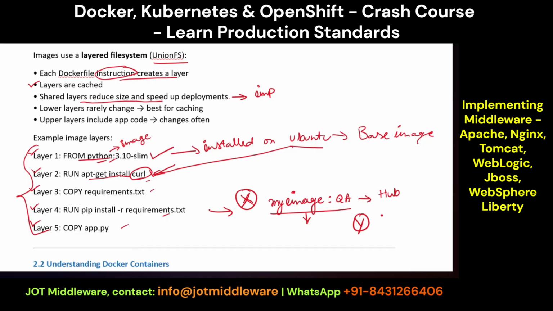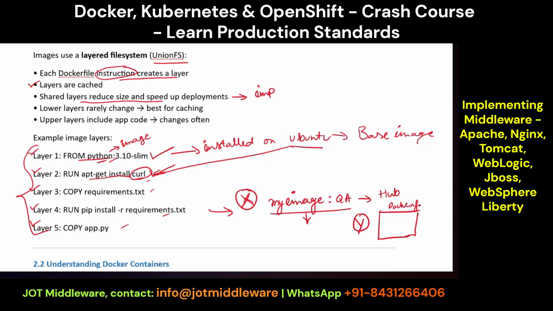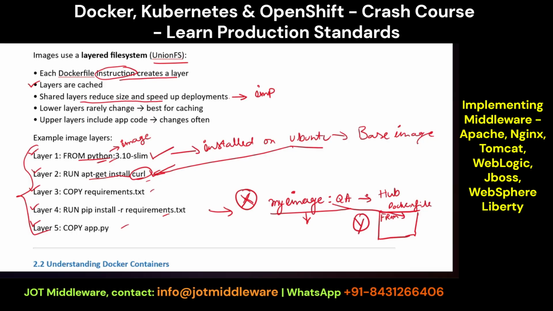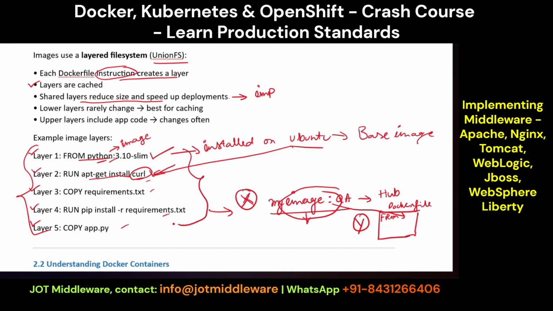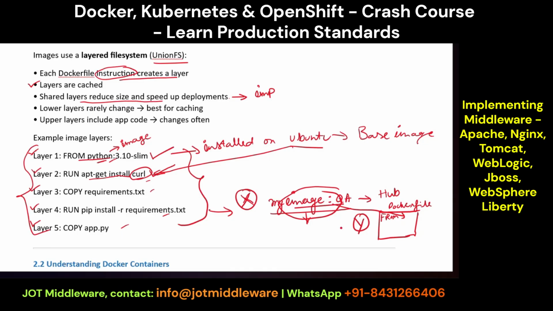So what they can do in their Docker file, this is the Docker file, they can say FROM all this image. So this image already contains all these things, right? So here is your my image QA.